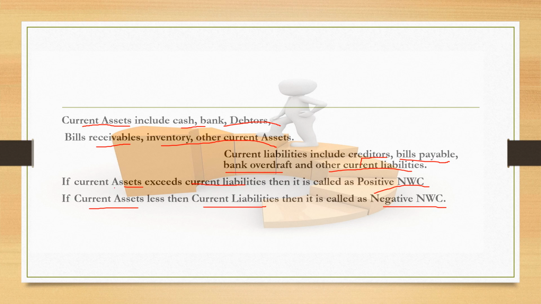See, if current assets are more, then remember it is a positive net working capital. If current assets are less than current liabilities, then it is called negative working capital.